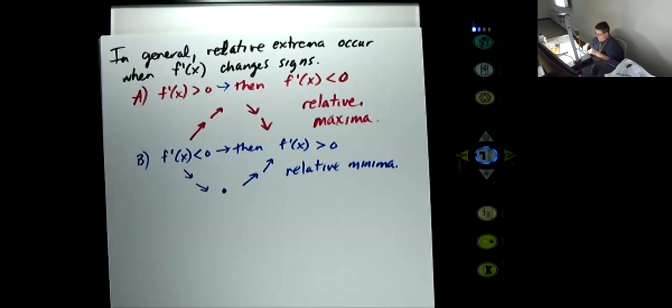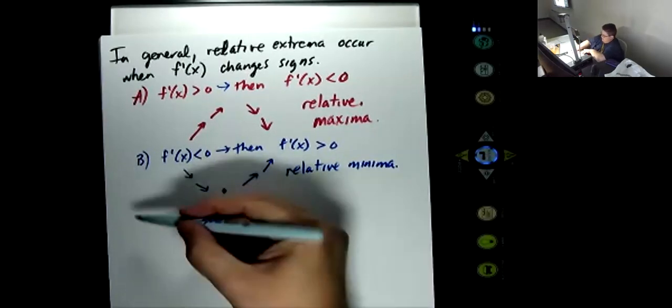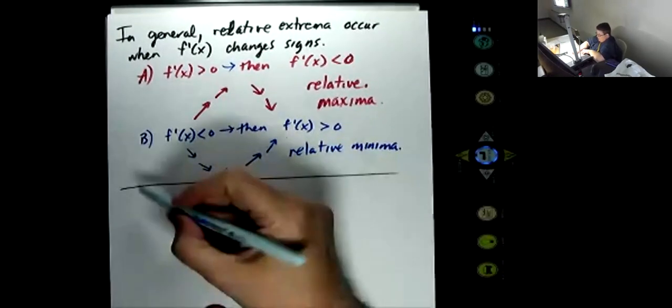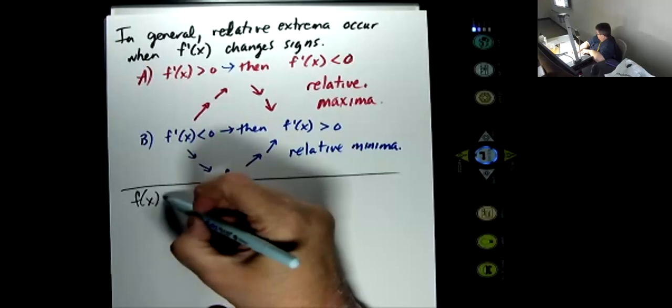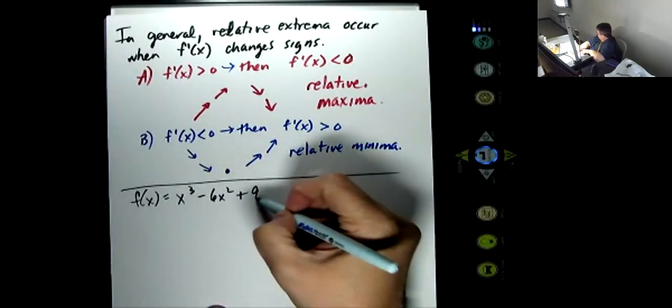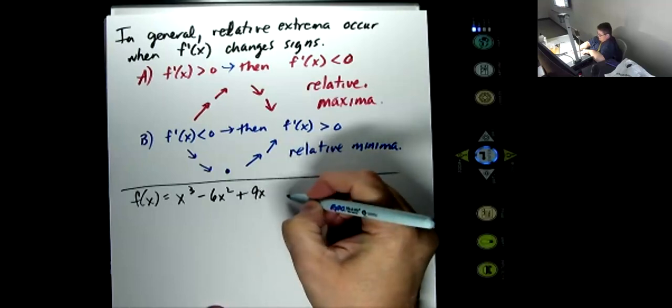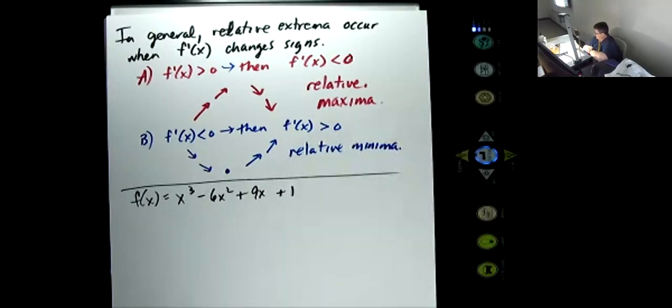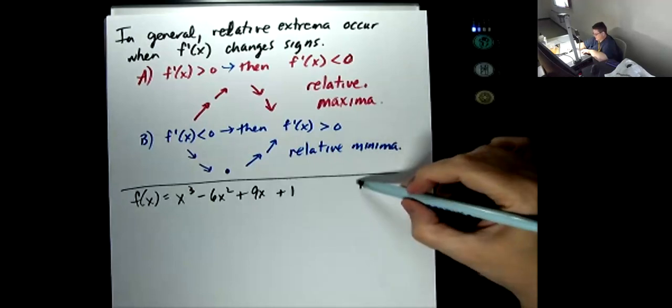So let's look at some points. Let's just use an actual example. We'll have f of x equals x cubed minus 6x squared plus 9x plus 1. So let's find the relative extrema.